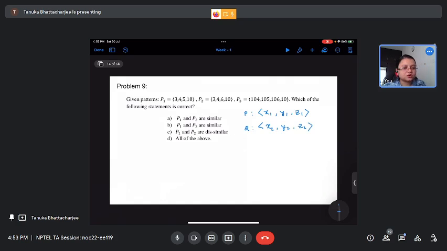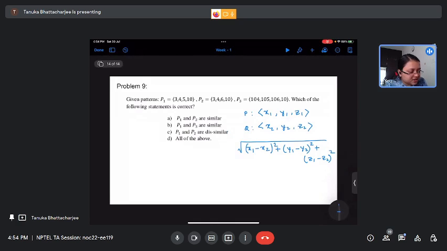We all know what the Euclidean distance between them will be: root over x1 minus x2 square plus y1 minus y2 square plus z1 minus z2 square. This is the formula for the Euclidean distance between these 2 points.